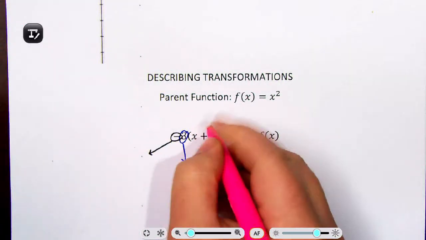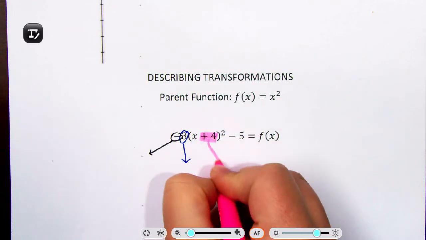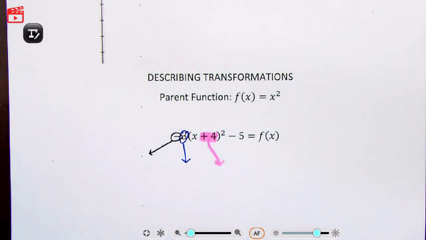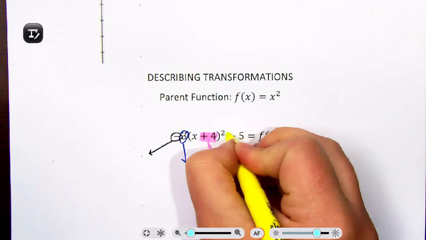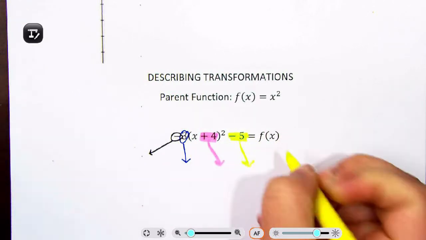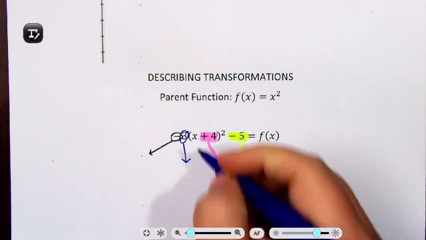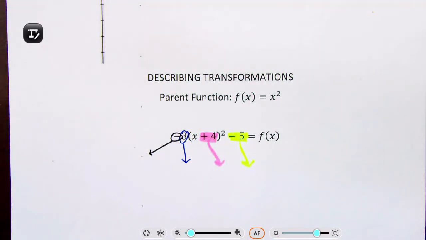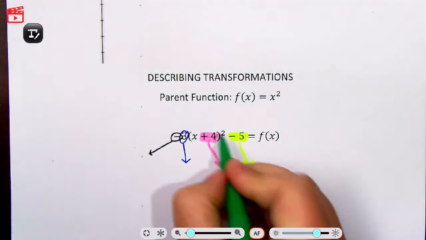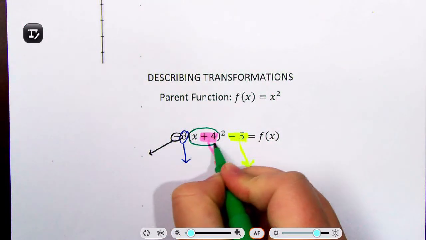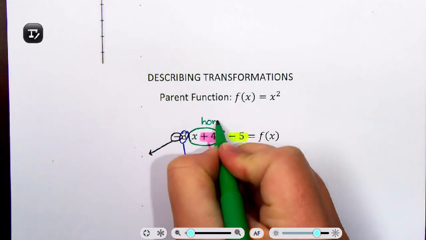I have an h value with the symbol. And I have a k value we're taking with the symbol. So what does this all mean? If it is inside the bubble, inside the parentheses, this is your horizontal.